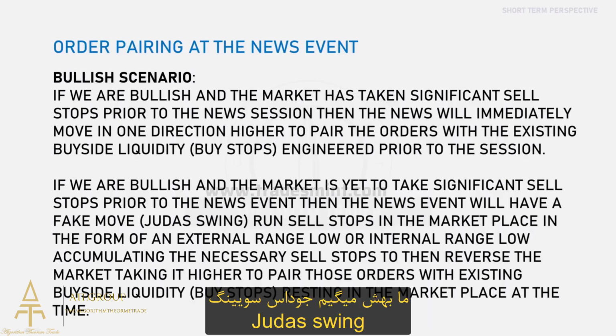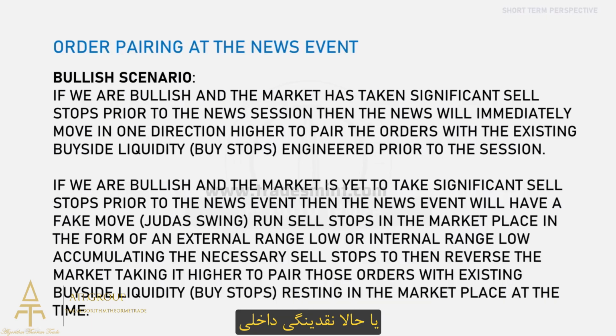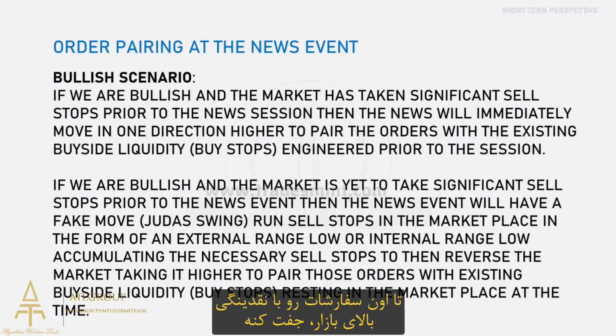They will call that a Judas swing, right, to run those sell stops in the marketplace in the form of external range liquidity low or external or internal range low, accumulating the necessary sell stops to then reverse the market, taking it higher to pair those orders with existing buy side liquidity, those buy stops resting at the marketplace at that time.